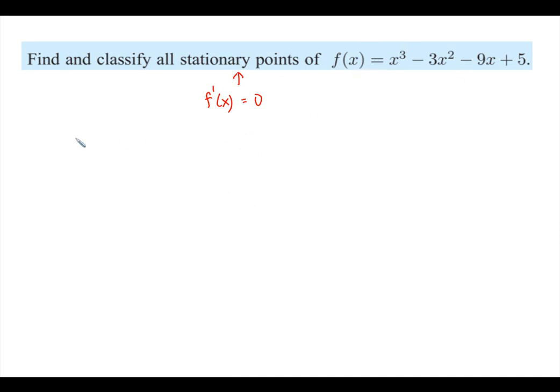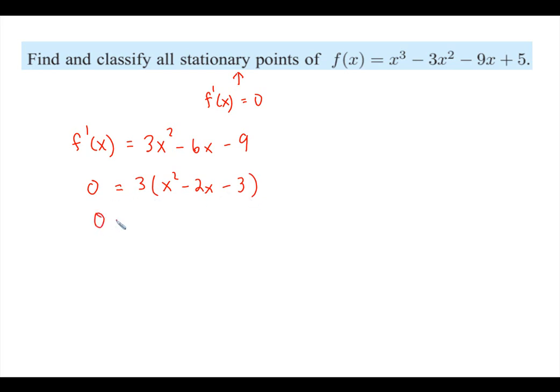This is going to be an easy derivative. So this would be 3x squared minus 6x minus 9. Then we set the derivative equal to 0. So we have 0 is equal to, I can factor out a 3 here, 3 times (x squared minus 2x minus 3).